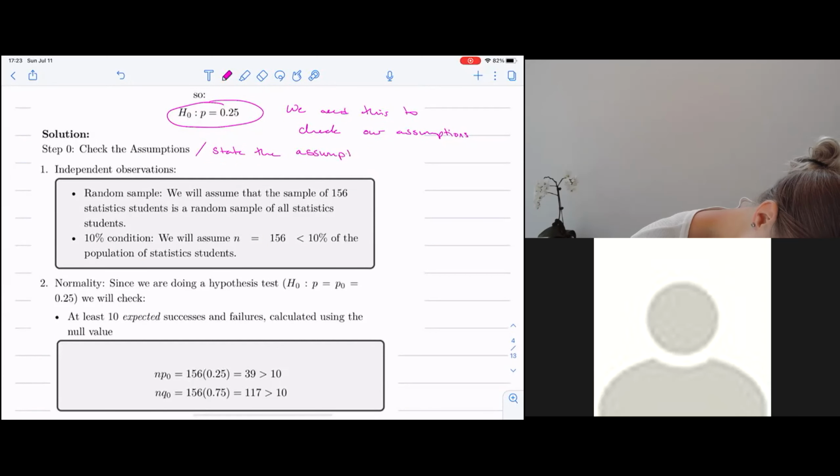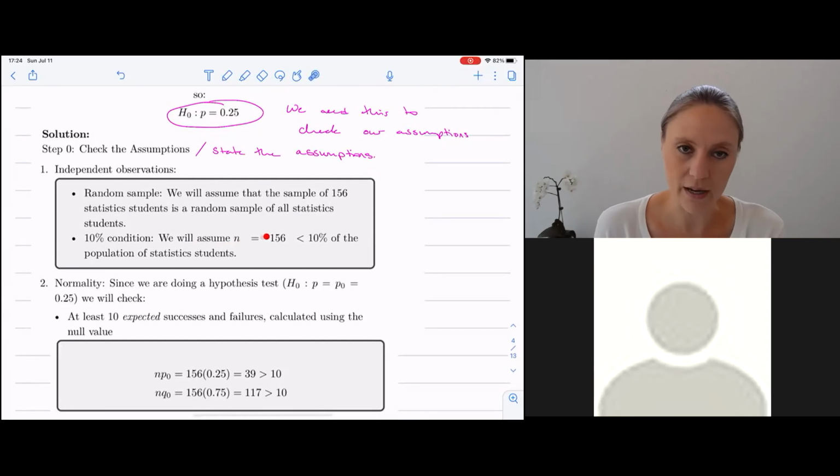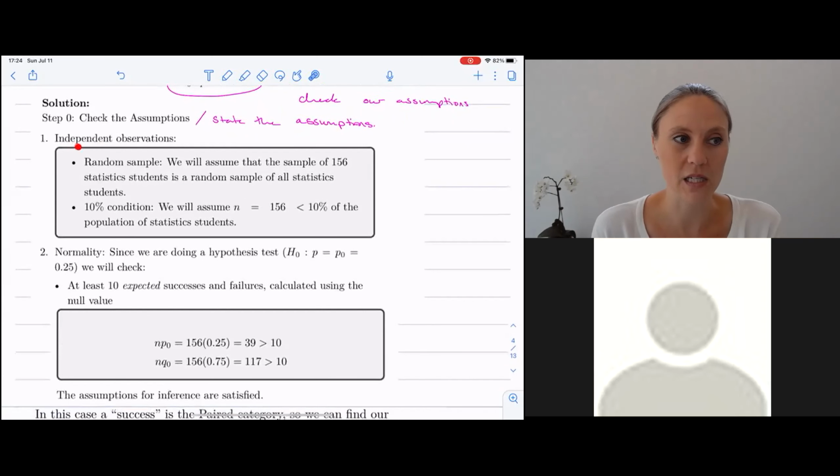Sometimes we have to be clear on all the things that we're assuming are true when we do our analyses. It might not be true that 156 is less than 10% of all statistics students, but that's what we are assuming. Okay, so we're just covering our bases here. So that's the independence condition.